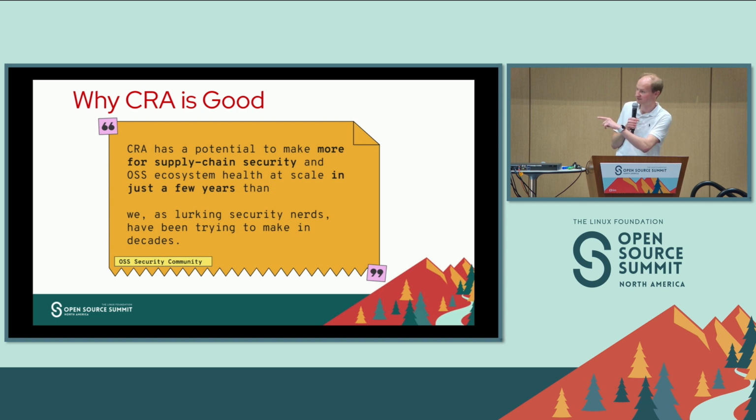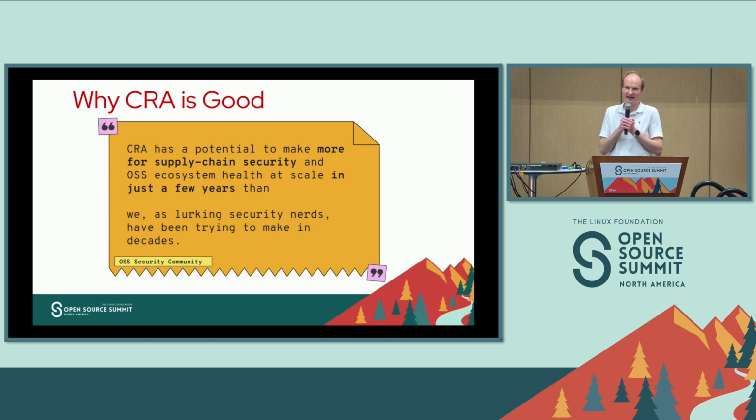I formulated this notion because as I speak within the open source community and with my security peers, this is the common understanding: CRA has the potential to do more for supply chain security and for the overall security of the open source ecosystem and its health at scale in just a few years. Then we are security nerds, right? Security experts trying to persuade the developers and maintainers and so on.